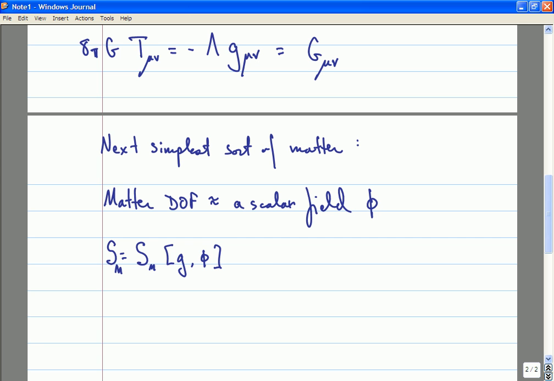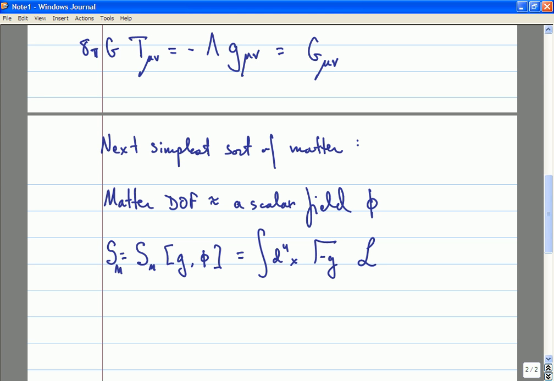And it will take the form of the integral d4x root minus g of some Lagrangian, which will be a function of the scalar field and possibly its derivatives. And the stress tensor will be obtained by varying this action with respect to the metric and setting it equal to 0. And the equation of motion for phi will be obtained by varying this with respect to phi and setting it equal to 0.